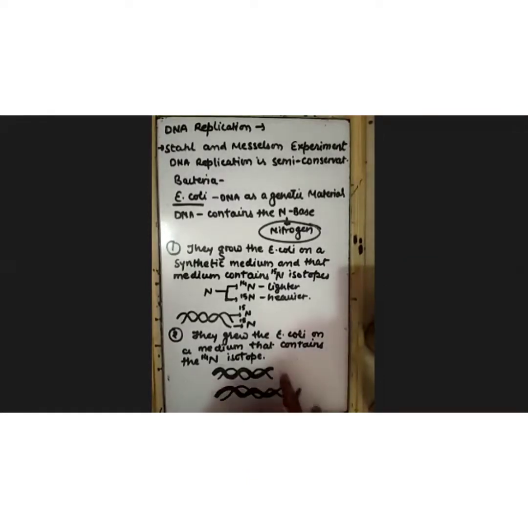So one DNA and second DNA. They got one strand containing the N15 and the second strand containing the N14 isotope. Okay, so this is the basic technique used by Stahl and Meselson.